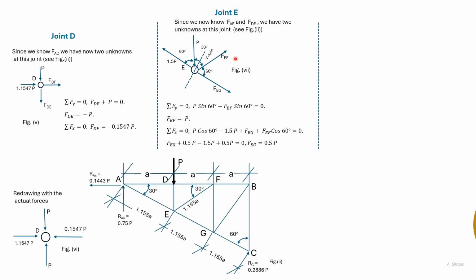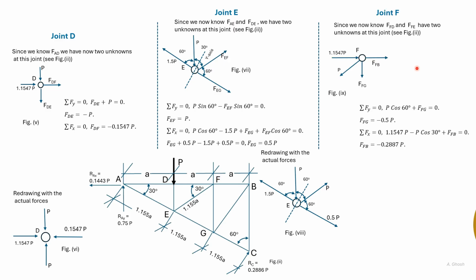We have already found out FEF, so we find out FEG. A free body diagram of the joint E is shown here with the actual forces. We see that EF is in tension. We now know the force in DF and we know the force in EF.